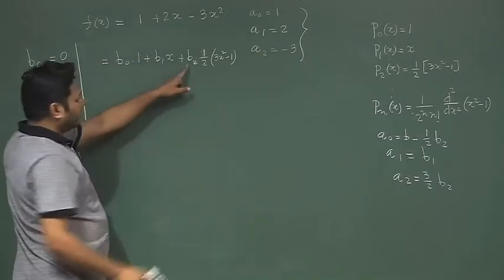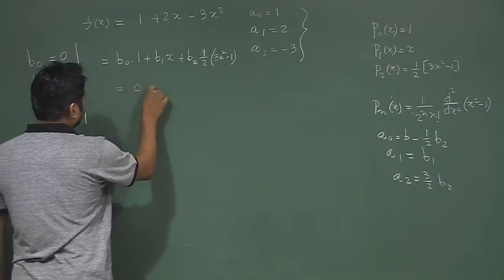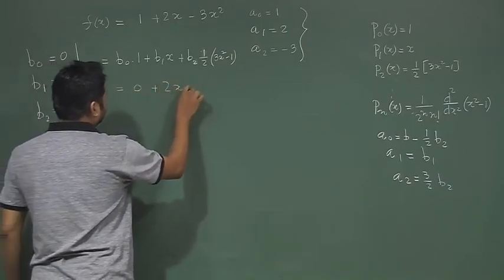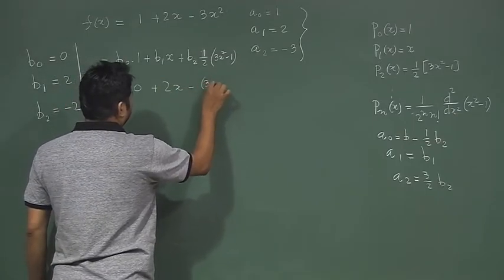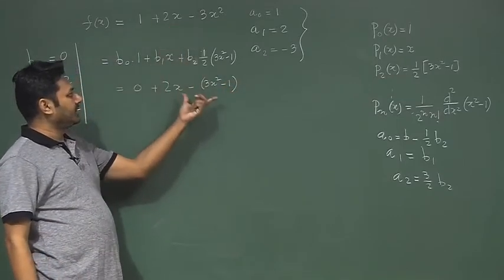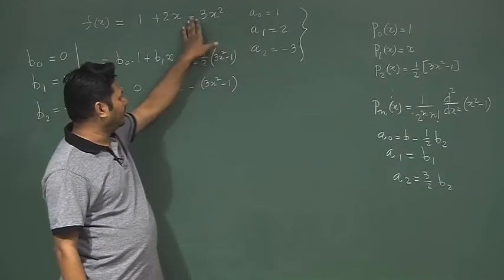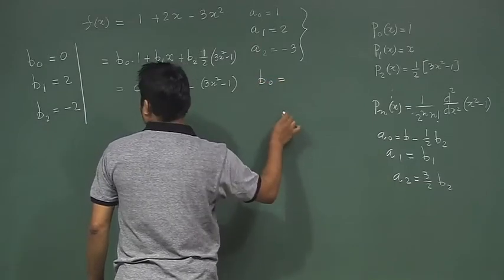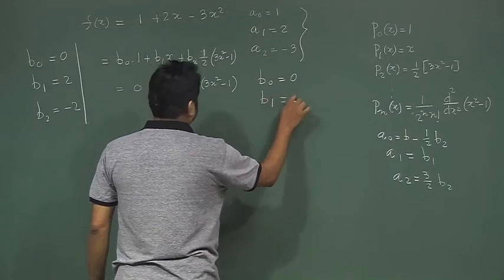Now, if I put this here, then you can readily find out. If I put this value, then it will be 0 plus b1 is 2, it is 2x minus 3x square minus 1. So, this quantity is the same. So, if this is the coefficient for monomial basis, the coefficient for Legendre polynomial basis is this.